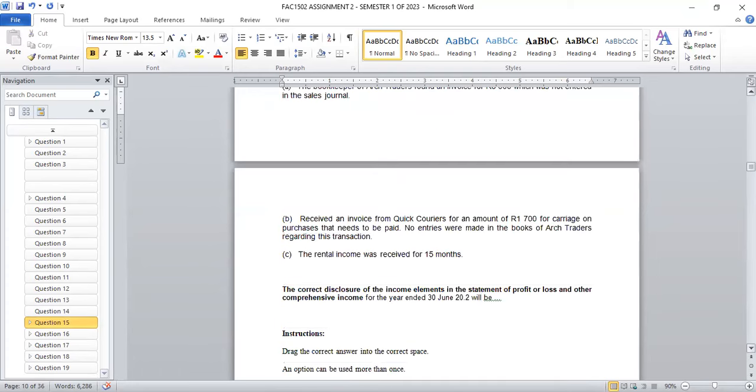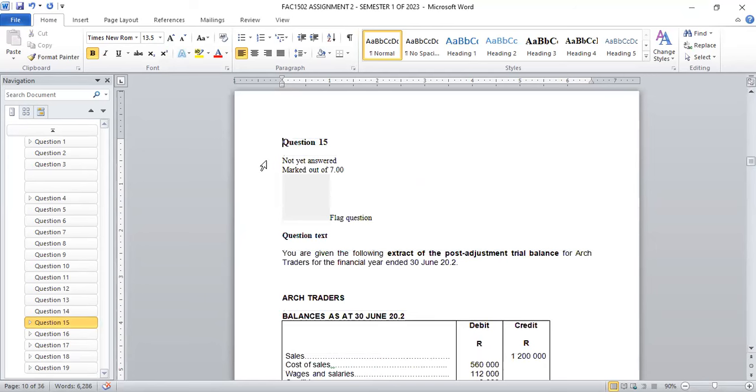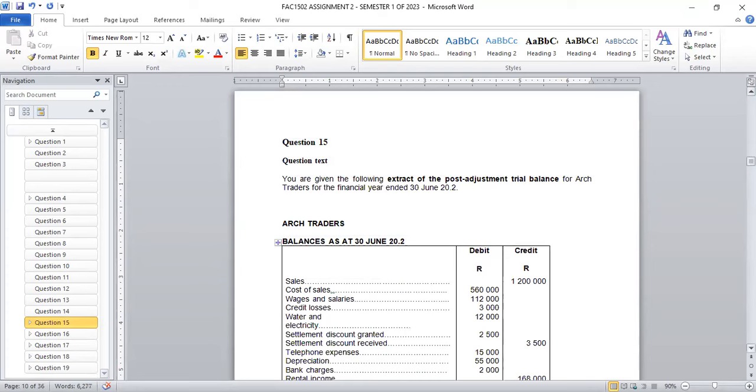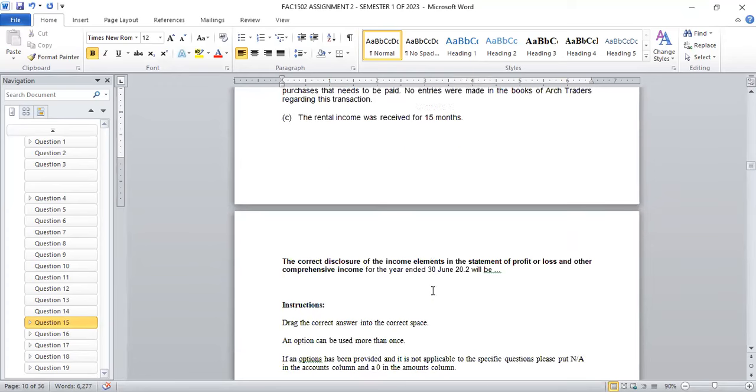Then question 15. The correct disclosure of the income elements in the statement of profit or loss and other comprehensive income.